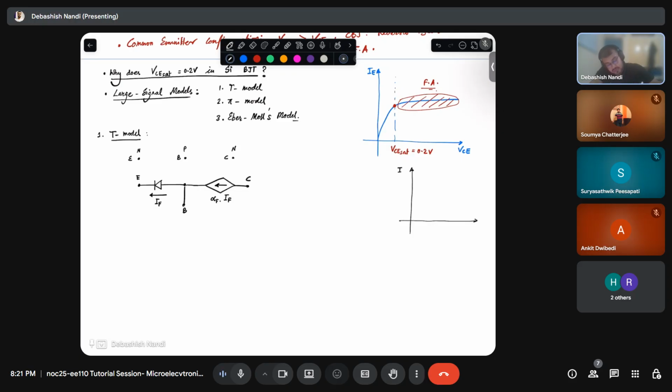Let's say if I give you IV characteristics of this sort, let's say this is I1, this is I11, this is I12, this is I13, just a notation. So what is the element?